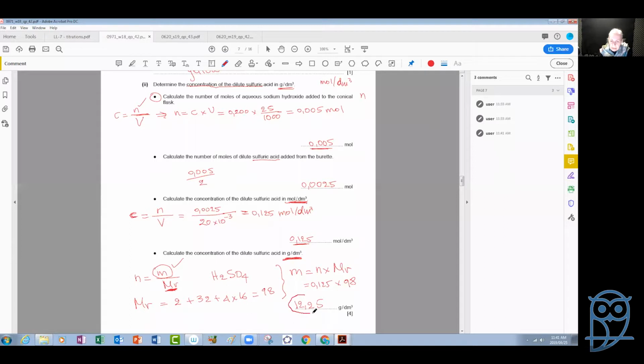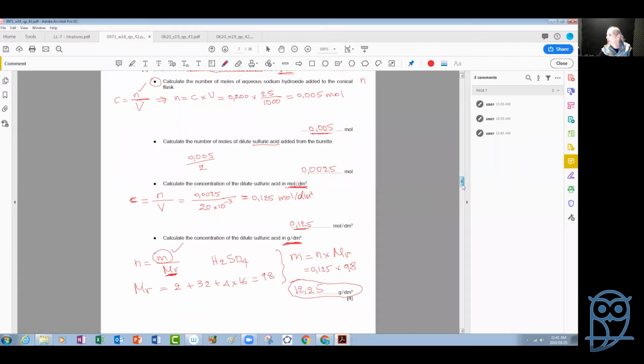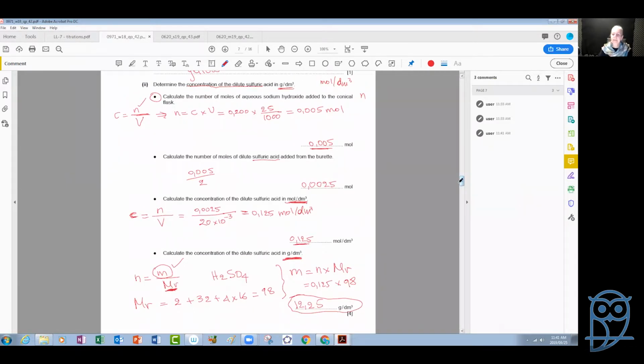So there is an alternative concentration of a substance that is given in these units of grams per cubic decimeter. All right, it's good to know how to do that, because very often they ask for the concentration in terms of grams per cubic decimeter rather than moles per cubic decimeter.